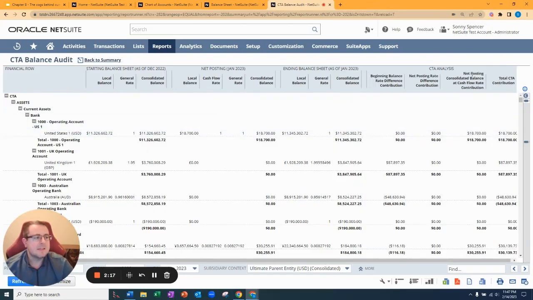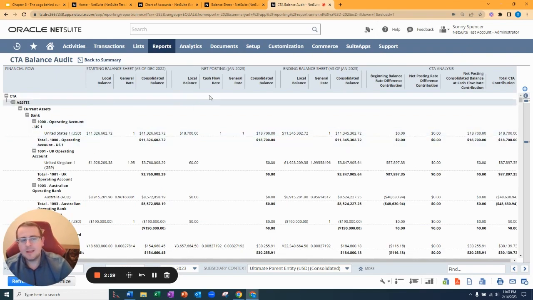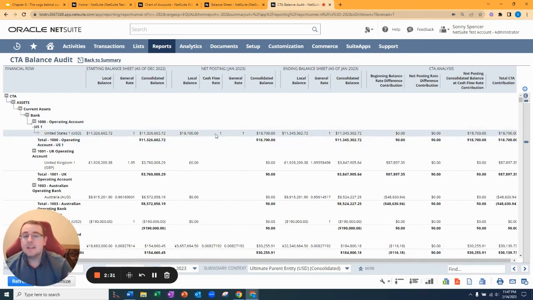The next piece of this is the net posting consolidated balance at the cash flow rate contribution. So what we're doing here is taking the net posting local balance and multiplying that by the cash flow rate. Now again, your cash flow rate may be the same as your general rate, but this is how the NetSuite report looks at this.